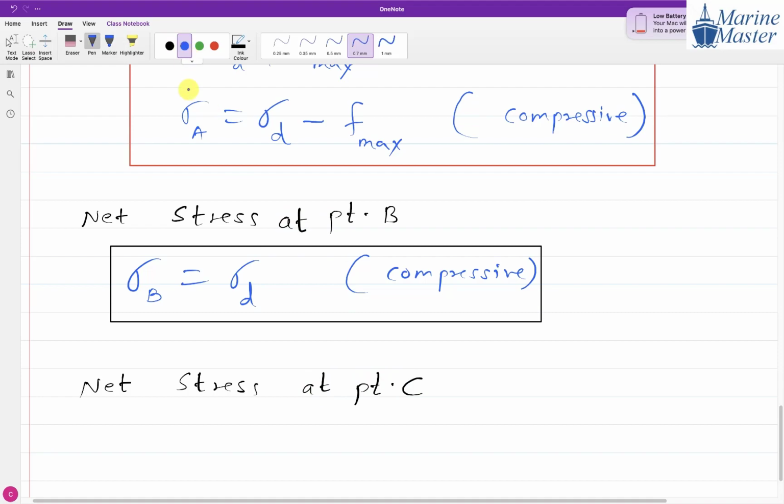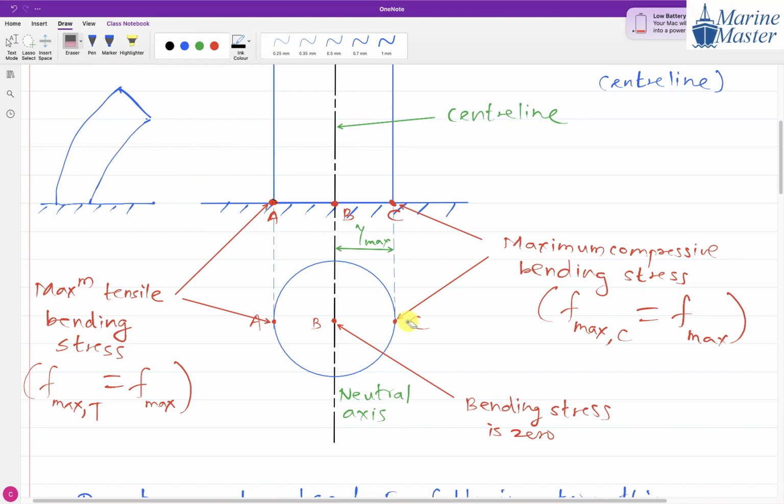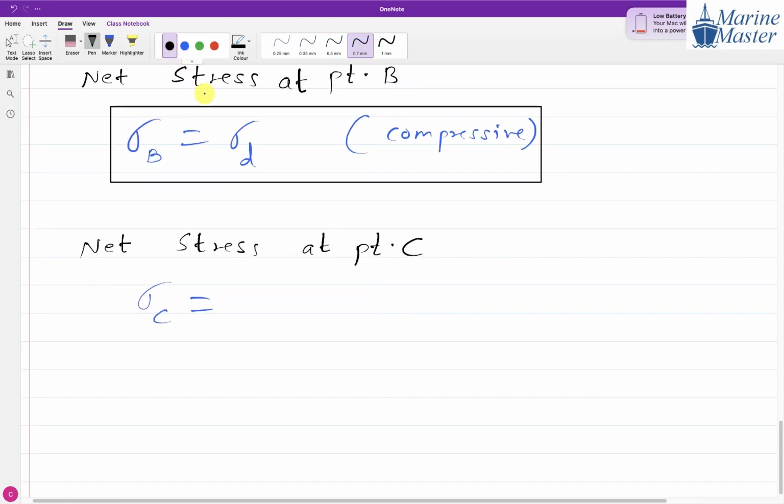Now, everyone, if you go to point C, I told you that at every point we will have a bending and direct stress. The direct stress nature is compressive, and the bending stress is also compressive. We have to add the two. So net stress at point C will be sigma D, direct stress, plus F max, and the net effect is compressive.